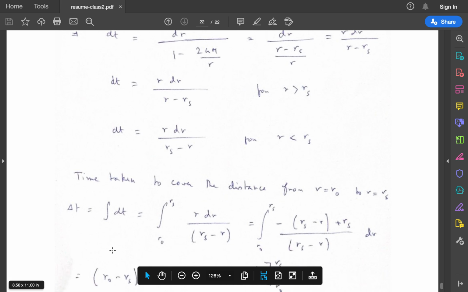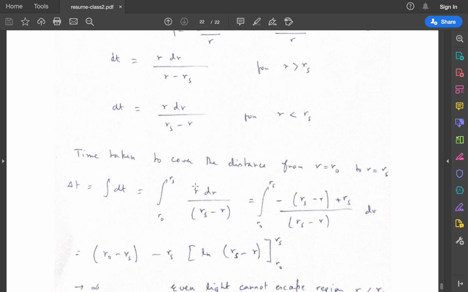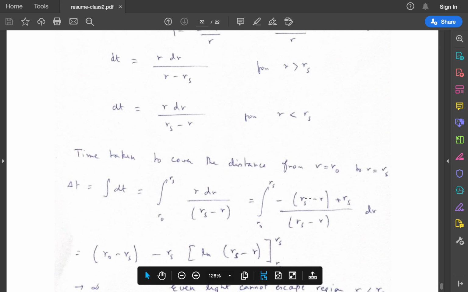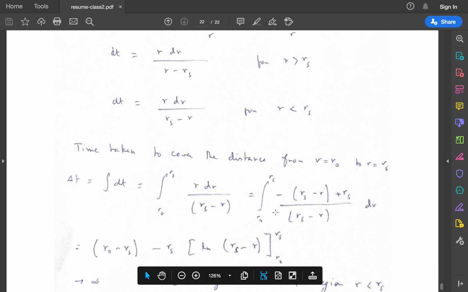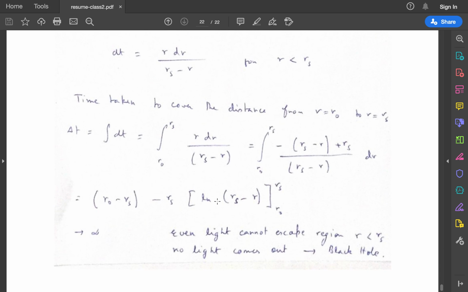This will be given by the integration of dt, where r goes from r0 to rs, and it is given by r dr by r minus rs. This can be rewritten with a trick we applied on r minus rs.